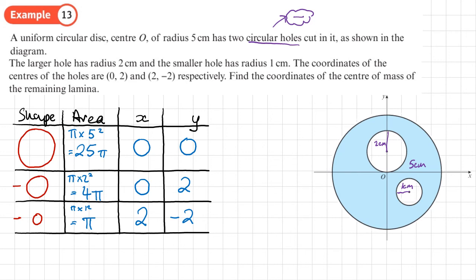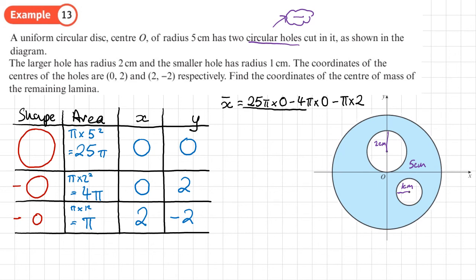We'll start first of all by finding the center of mass in the x direction, x bar. We're going to do the mass of the large circle times its center of mass, 0. Now we need to minus, and we always minus any holes, the 4 pi times its center of mass, which is 0, and also minus the mass of the smaller circle times its center of mass, which is 2.